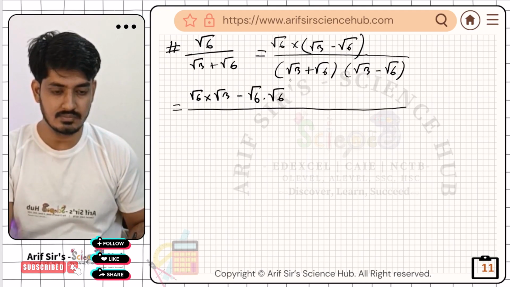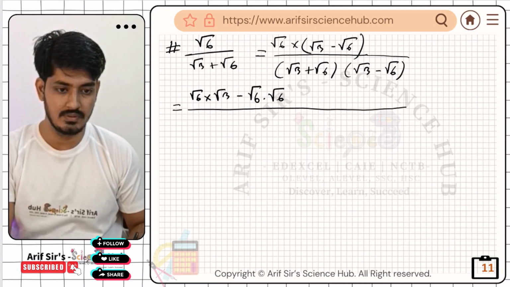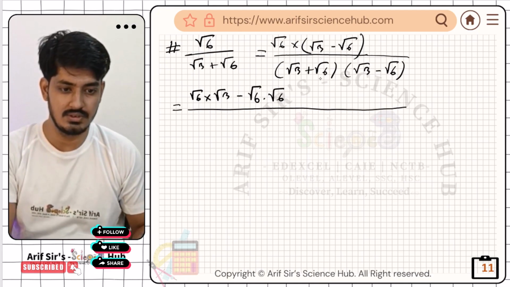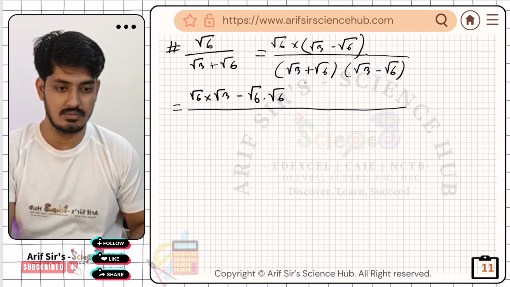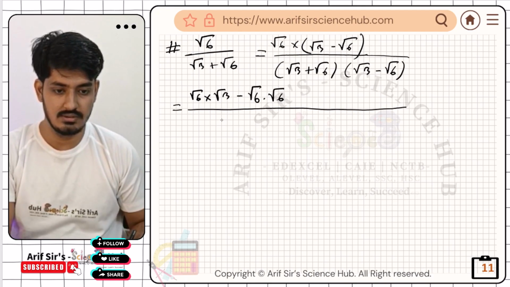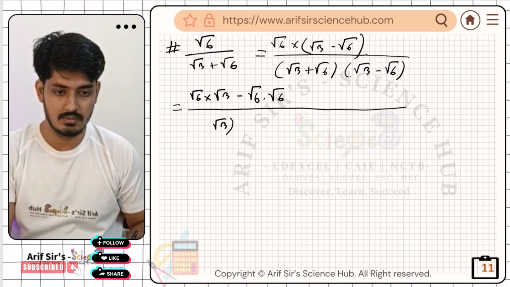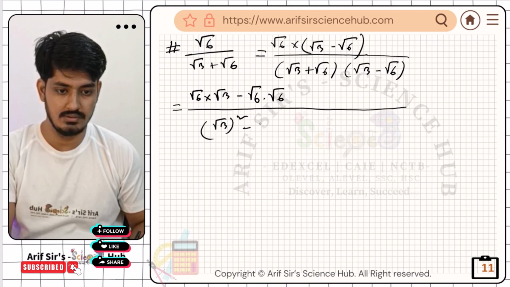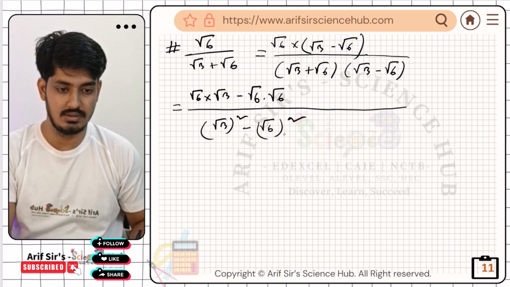Now we can use the formula a plus b into a minus b. If we consider this root 3 as a and root 6 as b, then we can use the formula a plus b into a minus b, that is a square minus b square. So root 3, that should be a square minus root 6, if you consider it as b, then b square.